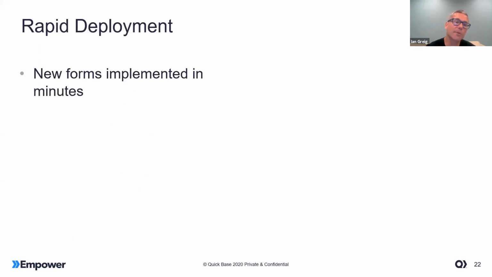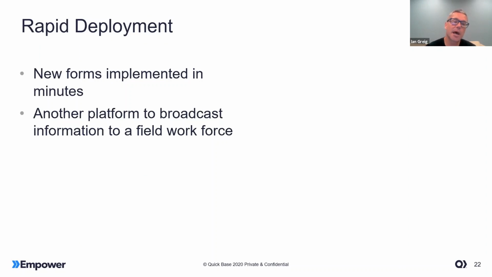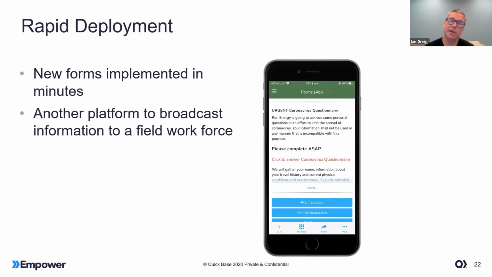And then on the rapid deployment, you can implement a new form in minutes. And we actually found it another way to broadcast information to a field workforce as well. So for example, with what everyone's going through with the coronavirus, we were able to get our field techs to complete a survey, a questionnaire, which they needed to complete for being able to work out in the field.